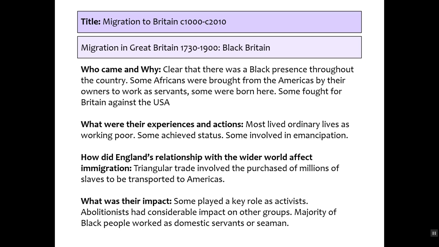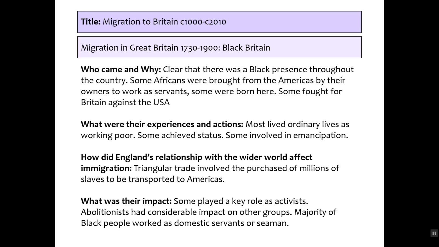So, initially for Black Britain, it's clear that triangular trade starts to mean more and more people come to Britain as a result of transportation. They may come with their owners, they may come as freemen, but more and more black people start to appear in Britain. Their experience is mostly living ordinary lives as working poor because they are not slaves.